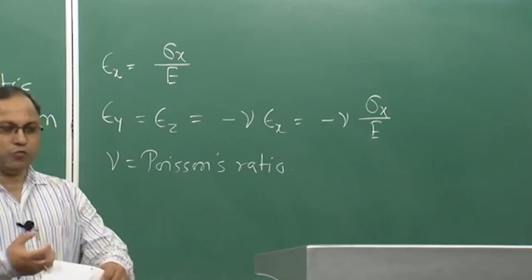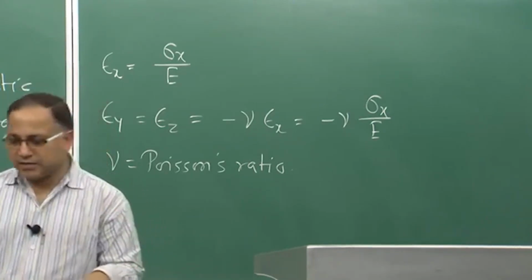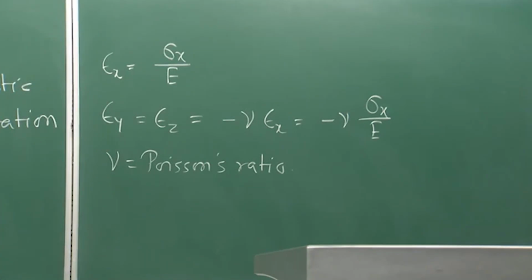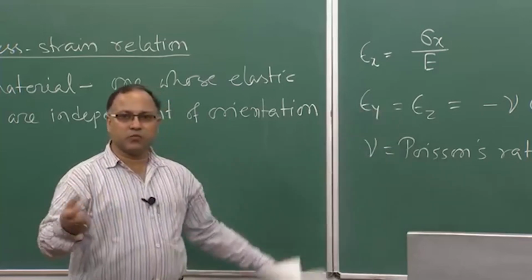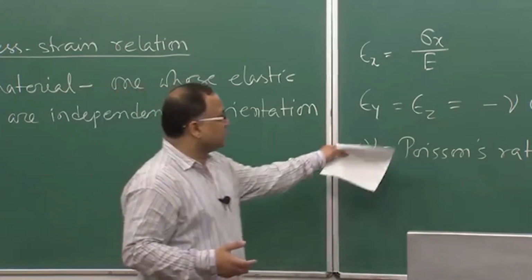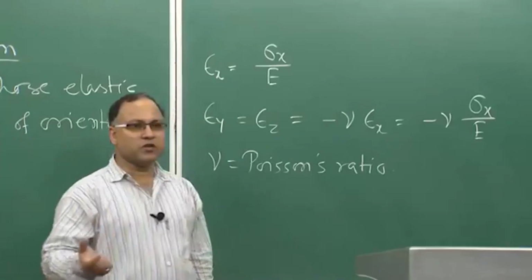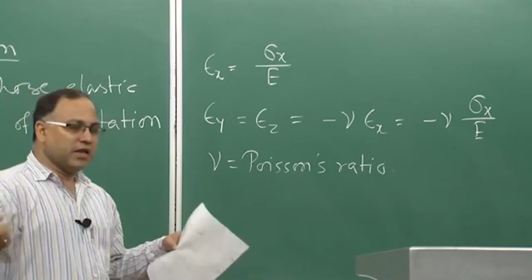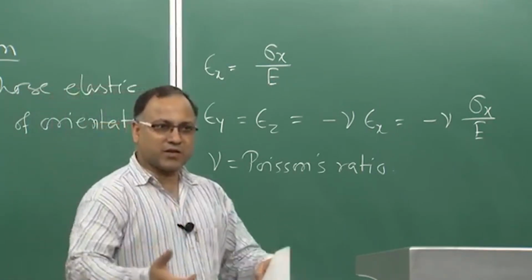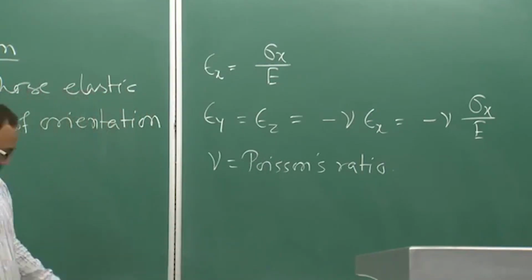If you pull the body, the other two directions will be contracted. That is the common thing we generally observe, and that has been observed in most of the materials, and that can be written like that. This negative sign is because if you are getting elongation in the x direction, in y and z direction you will be getting the contraction, and that contraction is defined by this Poisson ratio.